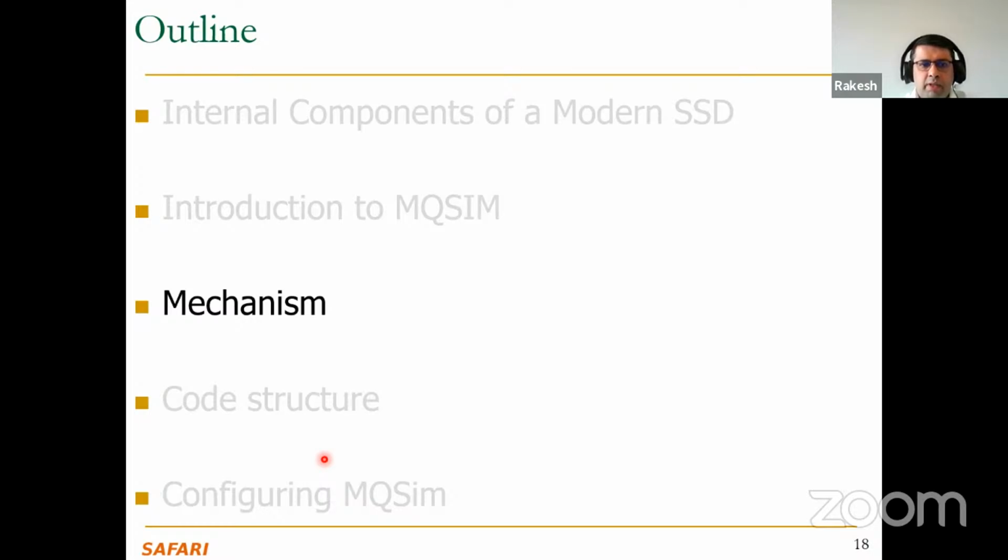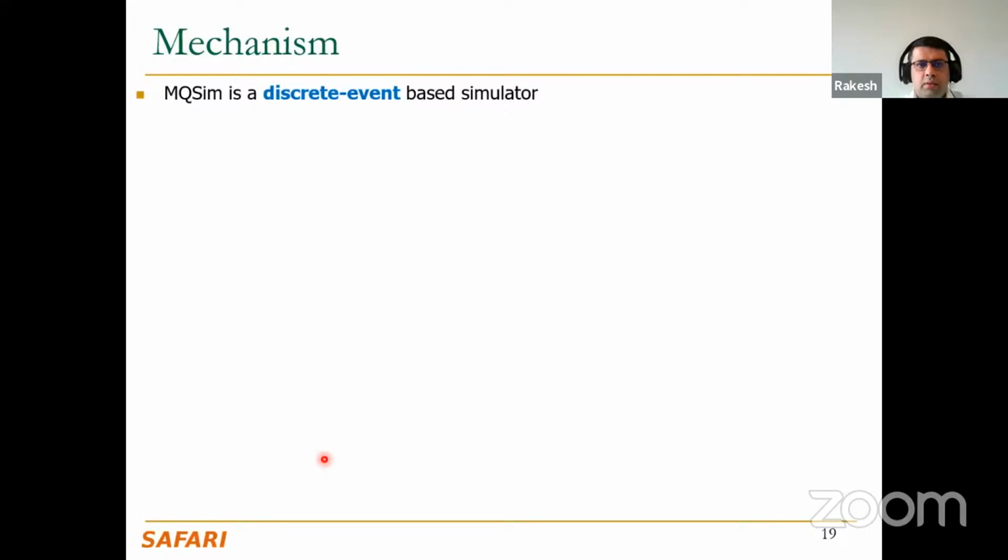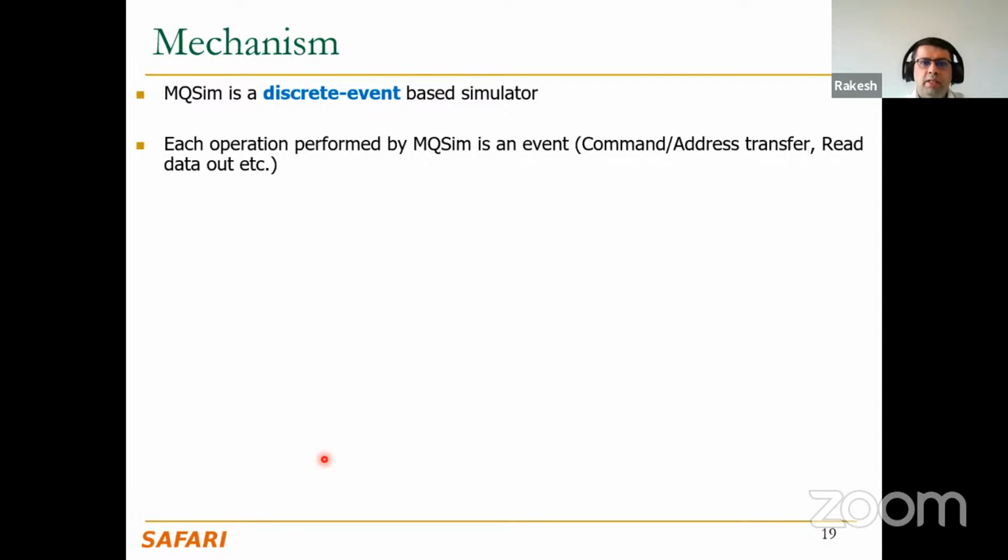So we can briefly jump to the mechanism of MQSim. MQSim is a discrete event-based simulator. So each operation performed by MQSim is an event, which means, for example, command address transfer is an event, or even getting the data out of the backend is also an event.